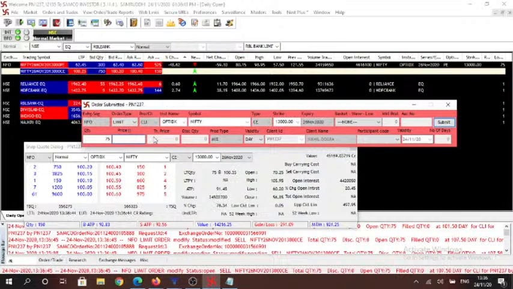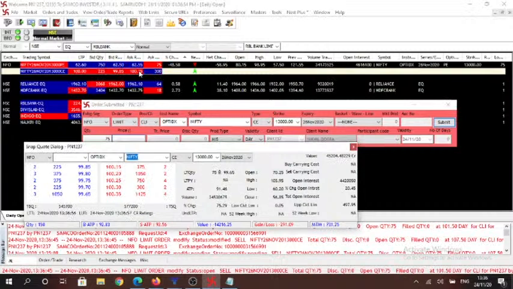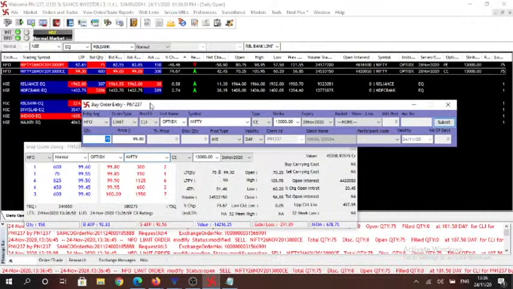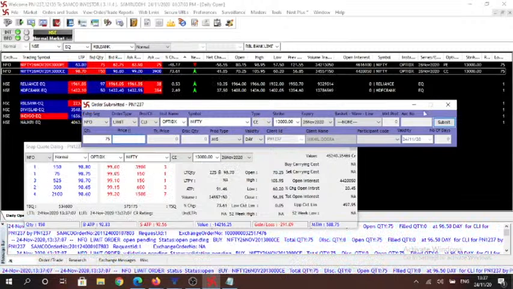Kept it at 101.5. Let's see. Kept a buy order as well at 96.5.